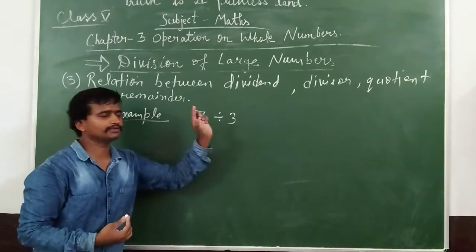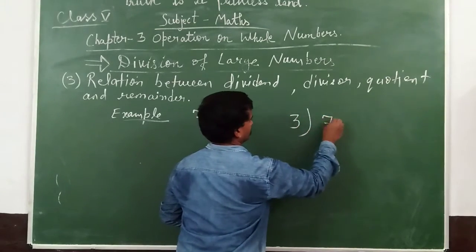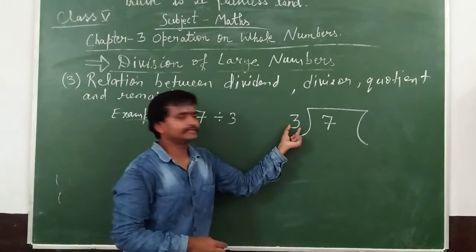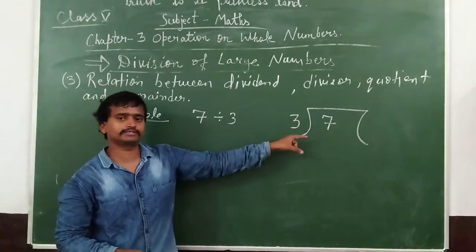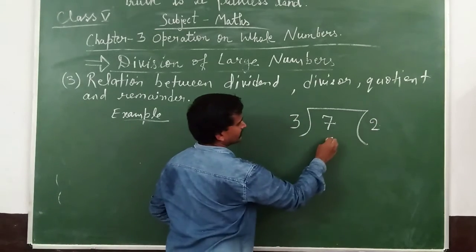Divide 7 by 3. When we read the table, 3 ones are 3, 3 twos are 6, 3 threes are 9. So we will write here 2. 3 multiplied by 2, 6.